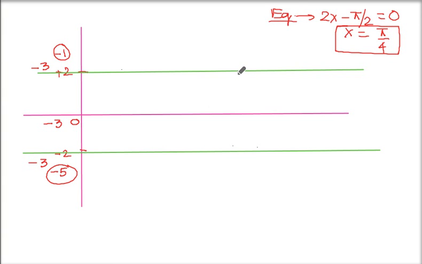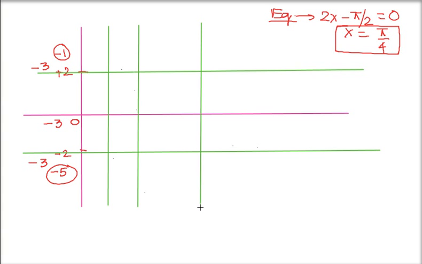So instead of starting at 0, this graph actually starts at pi over 4. So you can mark your pi over 4. Let's say that this is pi over 2, this is pi. So this graph starts at pi over 4, shifted pi over 4 places from the origin.